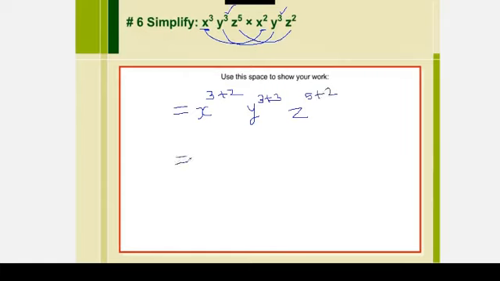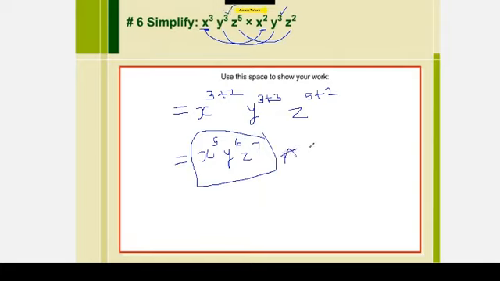Combine them, add them together: x to the 5, y to the 6, z to the 7. 5, 6, 7. It is in order. 3 plus 2, 5. 3 plus 3, 6. 5 plus 2, 7.